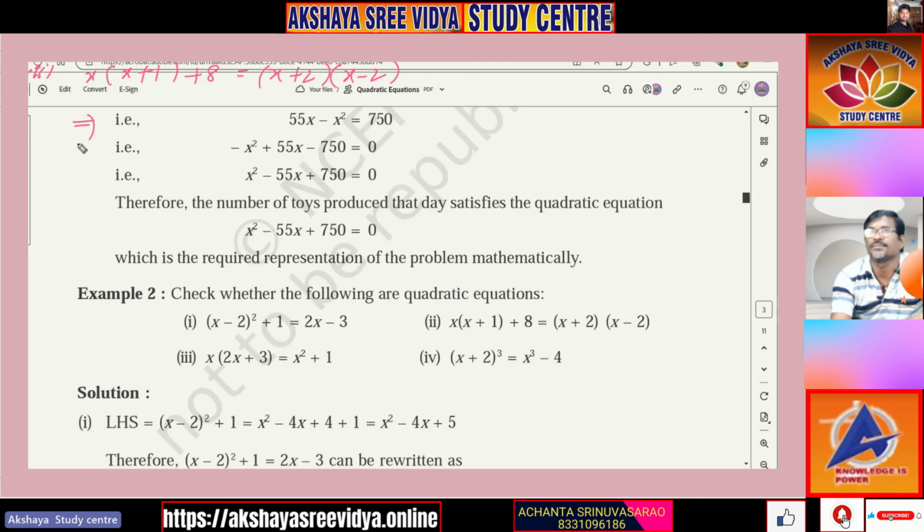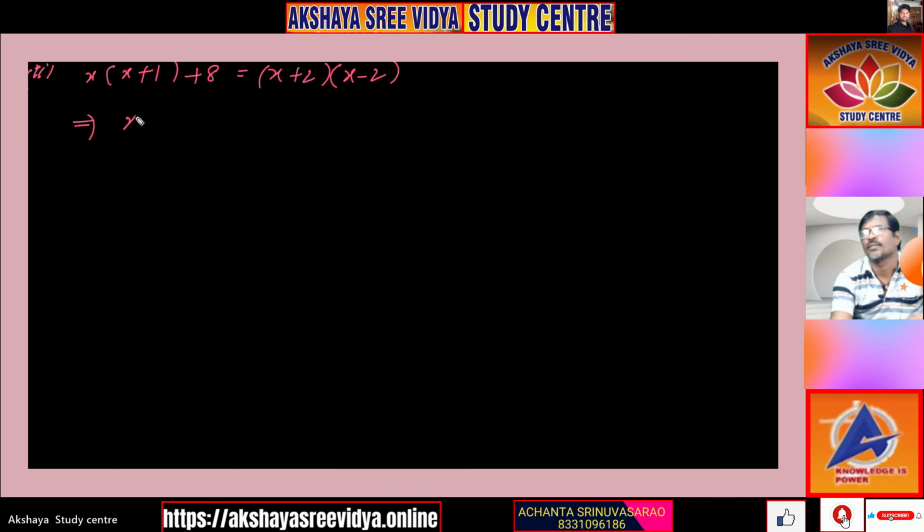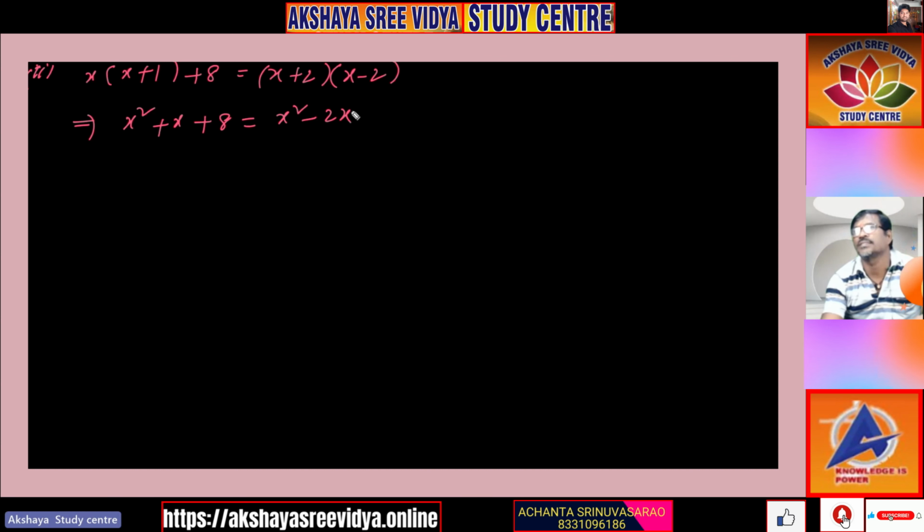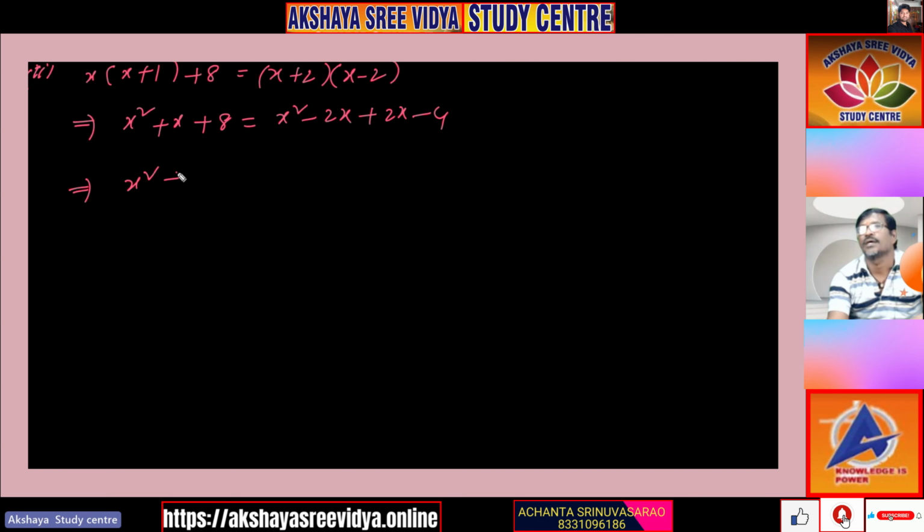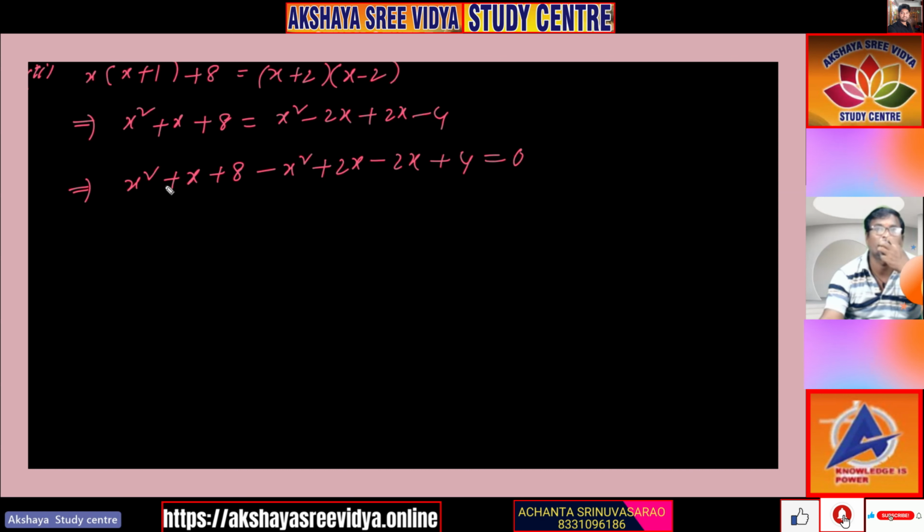This implies x square plus 8x is equal to x square minus 2x plus 2x minus 4. This implies x square plus 8x minus x square plus 2x minus 2x plus 4 is equal to 0.